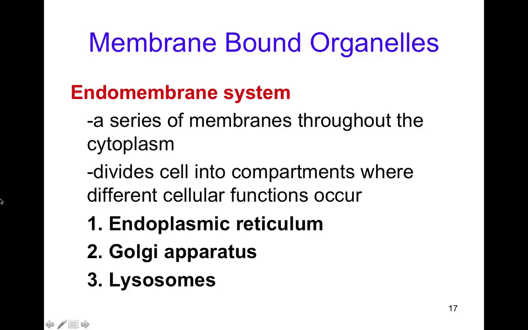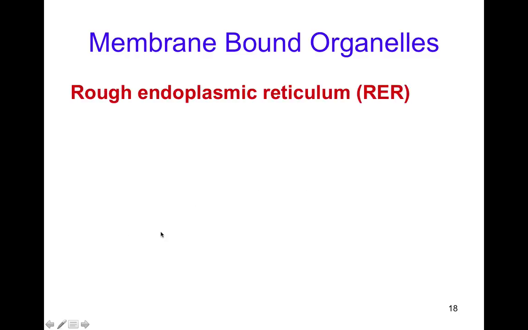For example, in the rough ER, that's where protein synthesis occurs. Smooth ER, that's where we make lipids. Golgi apparatus is where we ship and package. So again, I know this is new, but it's a name to group all of these organelles together.